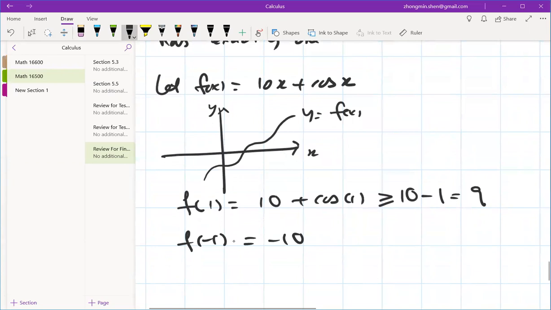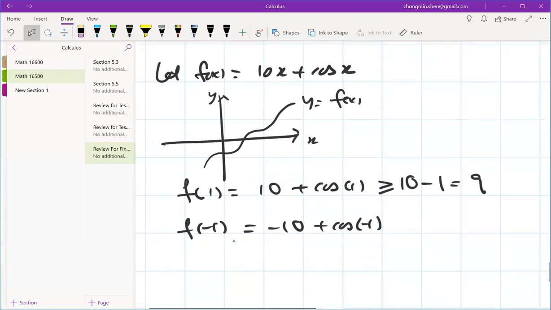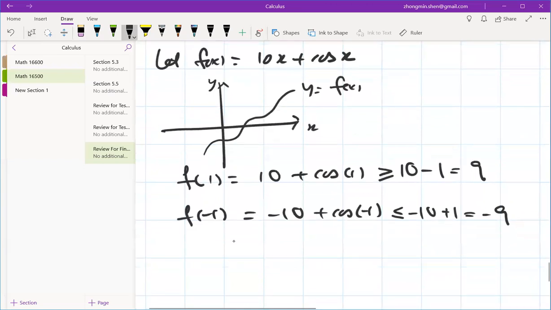It's going to be -10 plus cosine(-1). Okay, this will be less than or equal to -10 plus 1, which is -9.